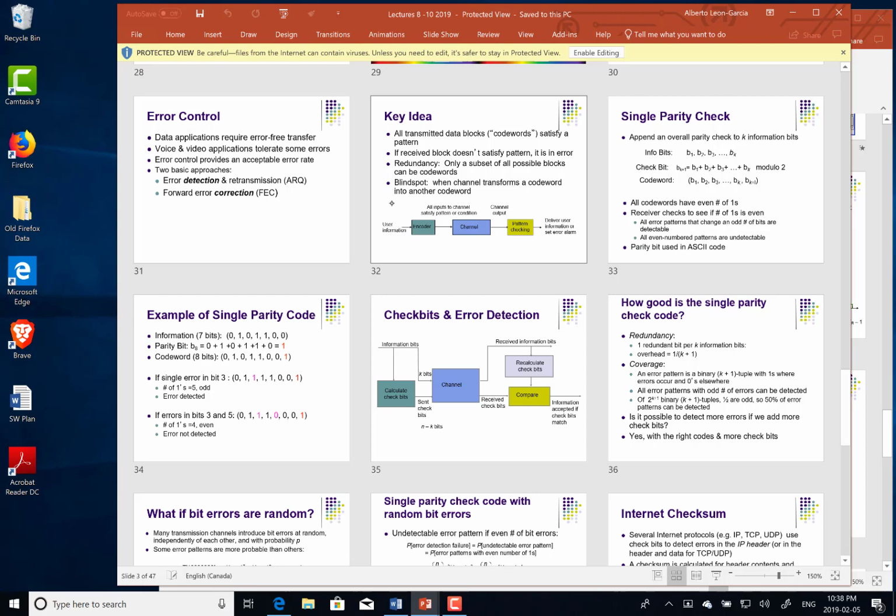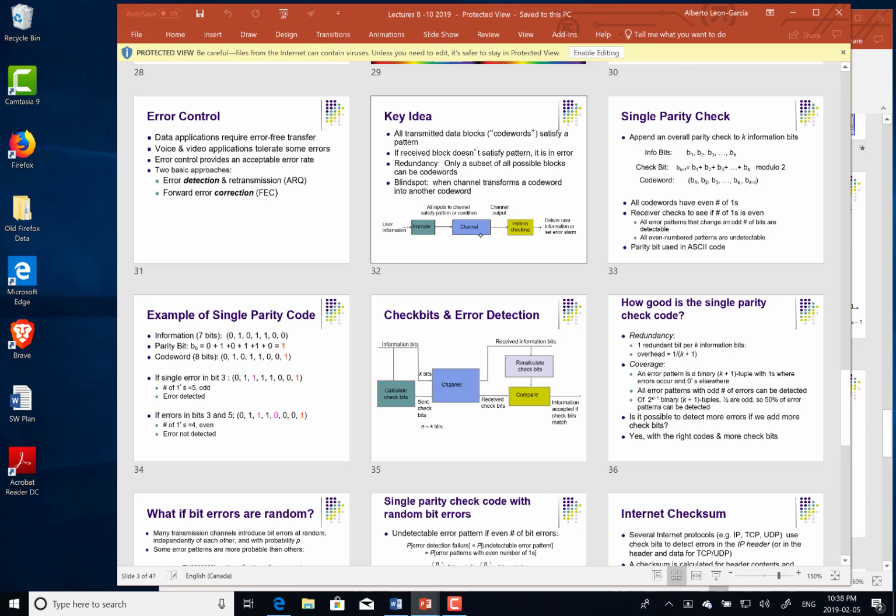So what the transmitter does is it takes K information bits, and each block of K bits it maps into a corresponding code word, which is then transmitted across. If you're lucky, that code word arrives without error, and the receiver then decodes it back into the original K bits.